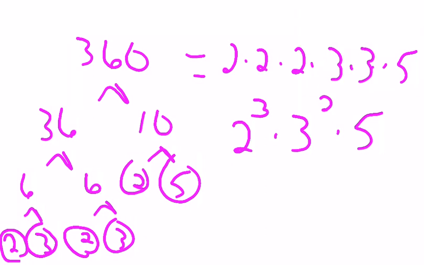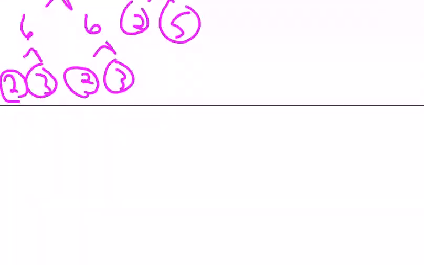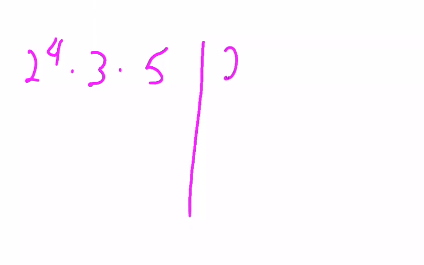Now we want to compare these two prime factorizations, because how do we use this to get the GCF of these numbers? So what we do is we want the product of all the common primes. So we have 2 to the 4th times 3 times 5 versus 2 to the 3rd times 3 squared times 5.